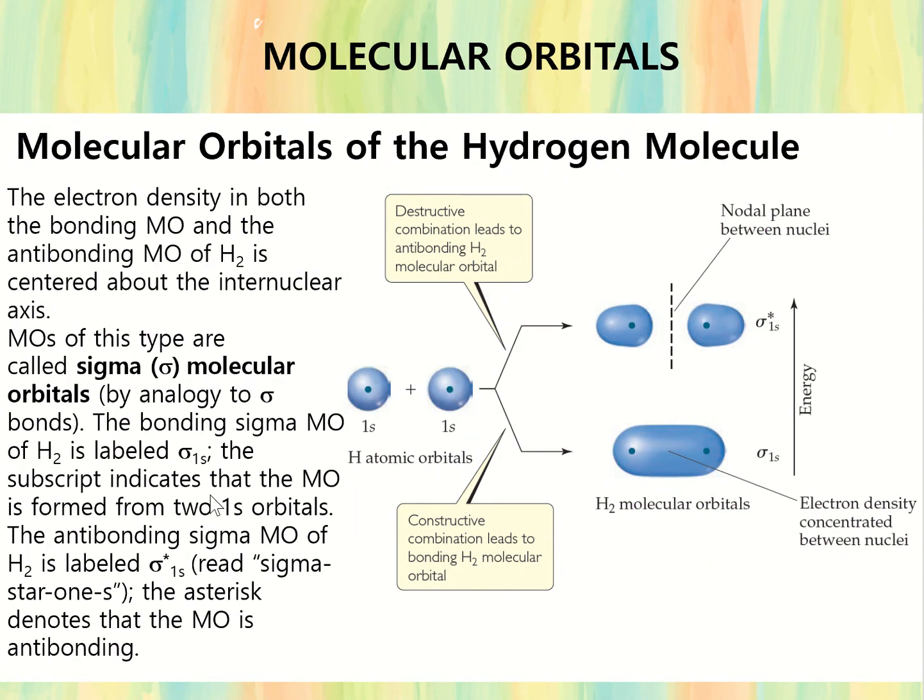As I said, the antibonding sigma molecular orbital, which is here, right, is labeled as sigma star 1s. So the asterisk denotes that the molecular orbital is antibonding.